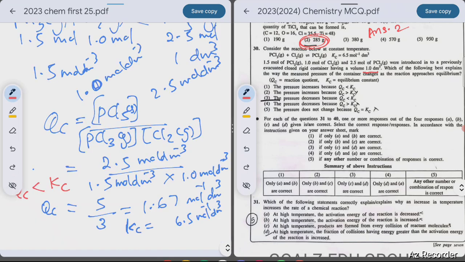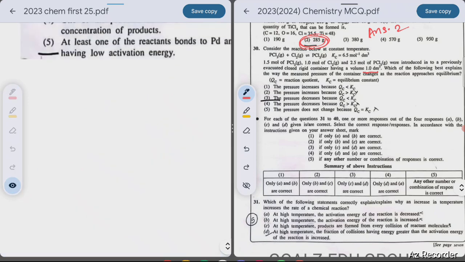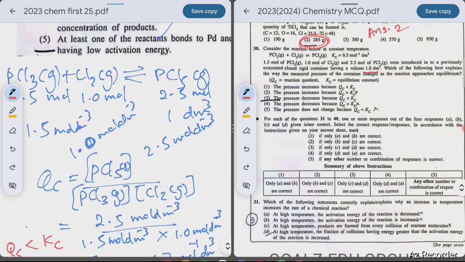Now, what happens when the reaction occurs to the product side? Here there are two gas molecules, and here there is only one gas molecule.